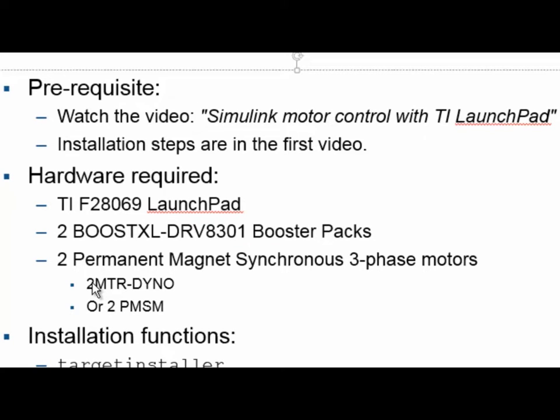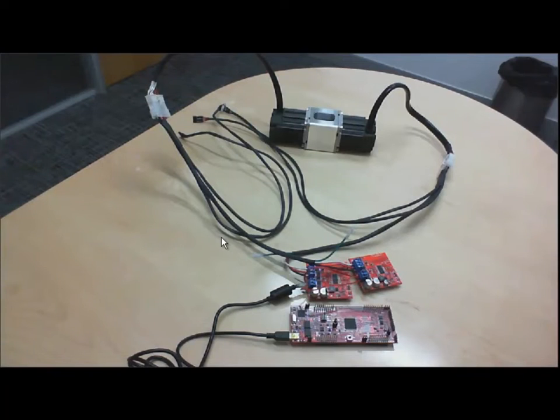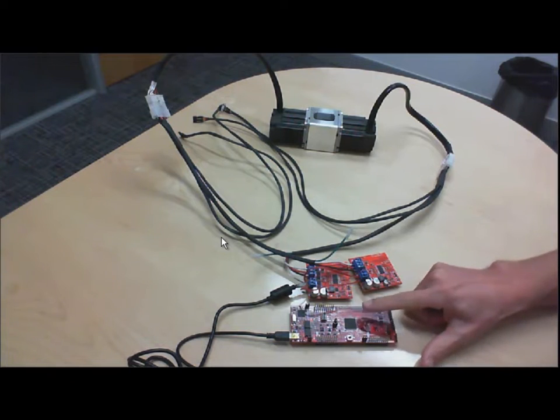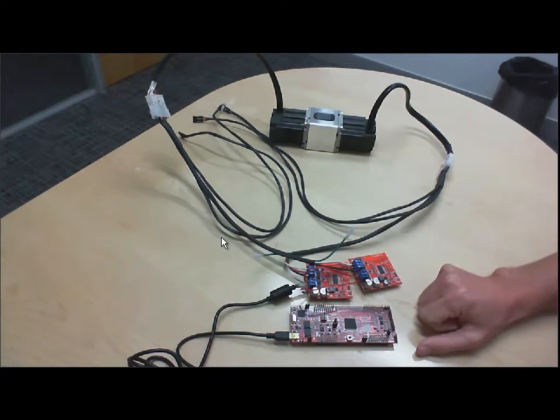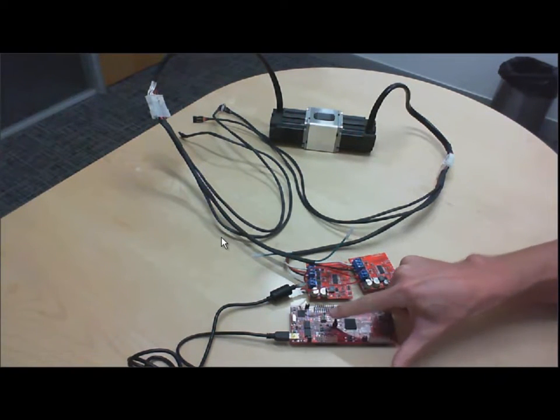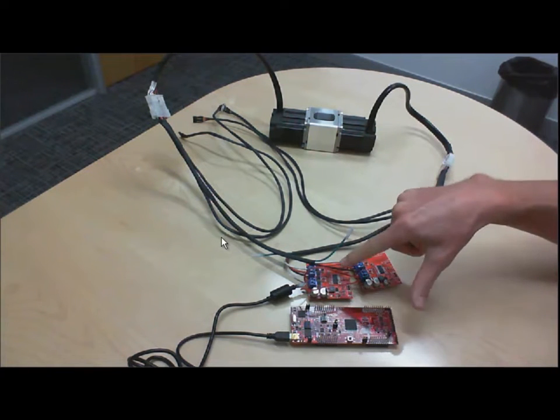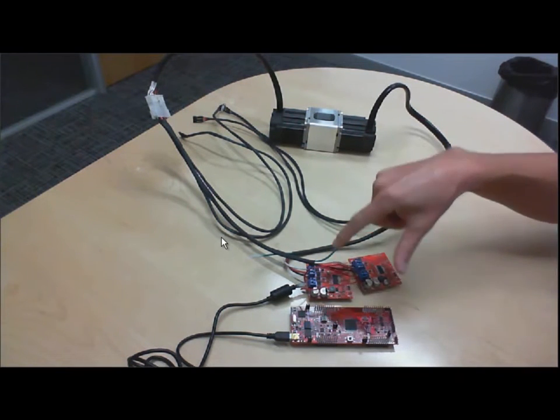This is my F28069 LaunchPad. You can see the two slots for the two booster packs. This is my first booster pack, which is connected here to this motor. There are a lot of cables here. These are my QEP and Hall sensor cables. They're not connected today because I'm running sensorless.